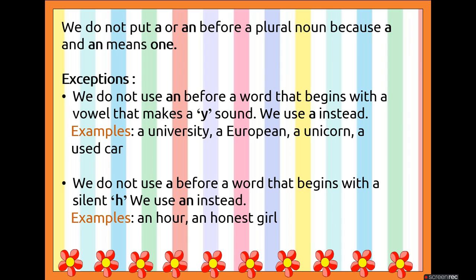Now, however, there are certain rules. Like I used to say, English is special. We have special cases in English. We do not put a or an before a plural noun because a and an mean one.